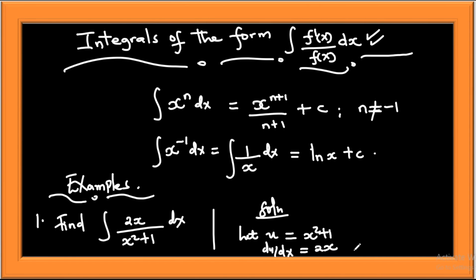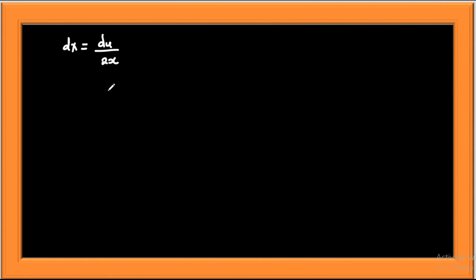The next step after this, we are supposed to simply make dx the subject. And when you make dx the subject, you definitely get du out of 2x.